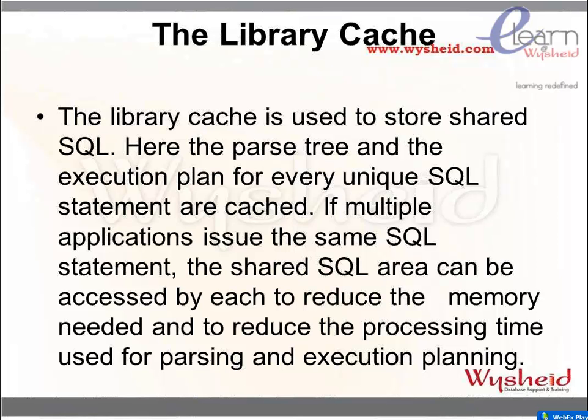So at that time Oracle need not do the reparsing again, because that SQL has already been converted into a hash value and is available in memory, right? So Oracle can use that same hash value, and then it will check whether the user has the necessary privileges or not. That way it can reduce the time and the CPU resources used for hard parsing.